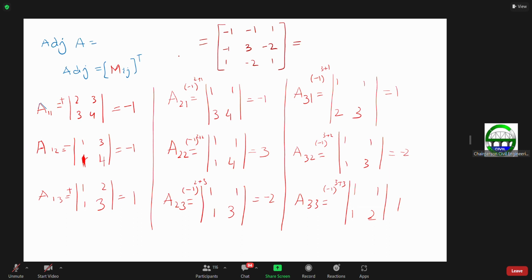Okay, and we have to take its transpose: -1, -1, 1, -1, 3, -2, and 1, -2, 1. Okay, so this is our matrix. It looks like a symmetric matrix because its transpose is equal to it. So now we already have the adjoint of A.